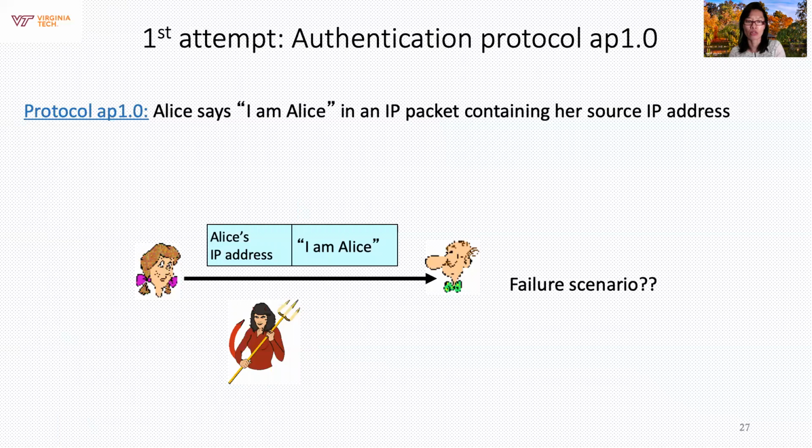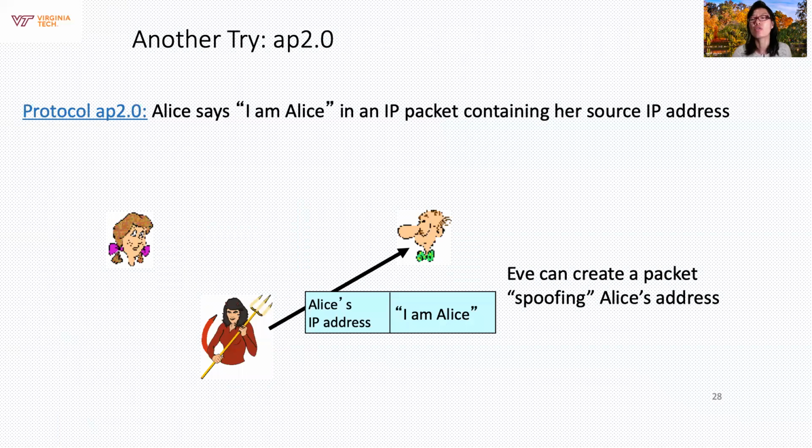Alice wants to authenticate herself to Bob. Maybe just say, I am Alice, and use Alice's IP address. But this clearly would not work because anyone intercepting this can replay it and impersonate Alice.